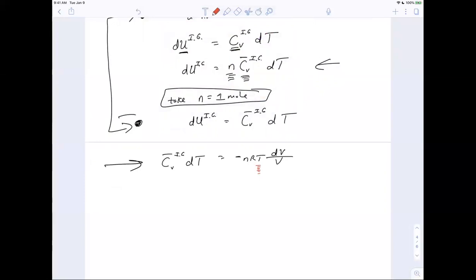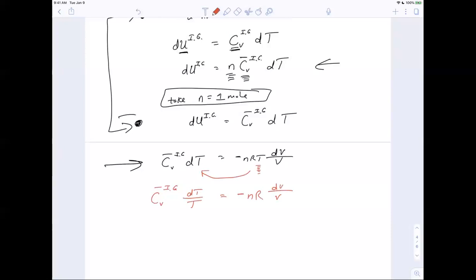I know that a priori, and that's something I want to make a point about using this example. So what I'm going to do is bring the temperature from this side to that side, and that's going to look like this. What that means is I just divide by temperature on both sides, and then here I'll just have minus nR dV over V. Now I have variables of temperature on one side and volume on the other.